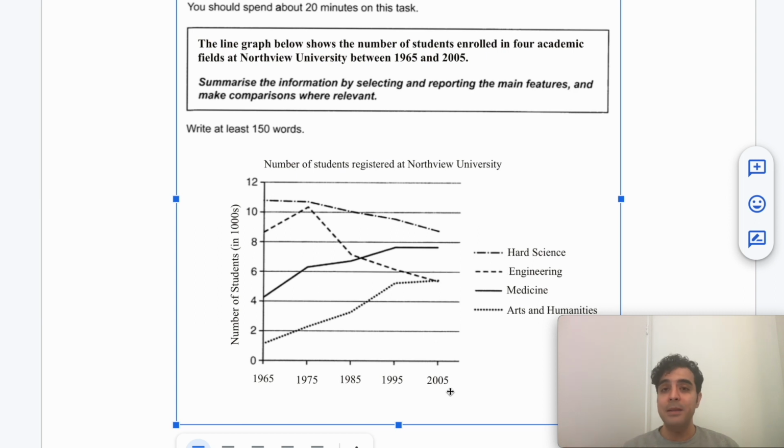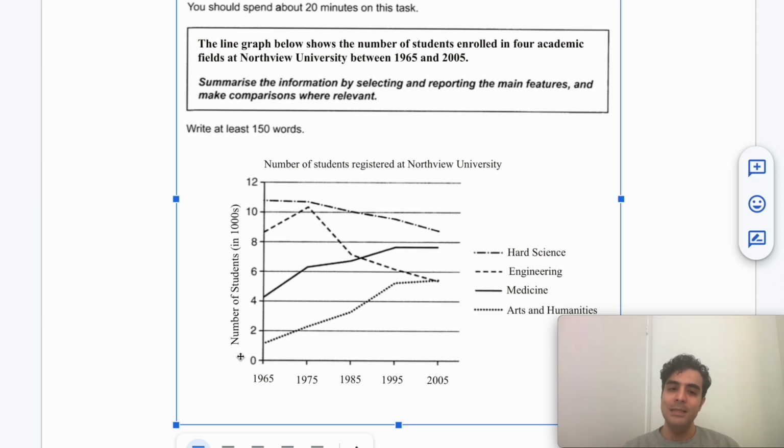Now you could expect days, months, hours. So the scale can vary. But what you will notice is that in the majority of cases, the horizontal axis represents time. The vertical axis, on the other hand, represents quantities or amounts, right?